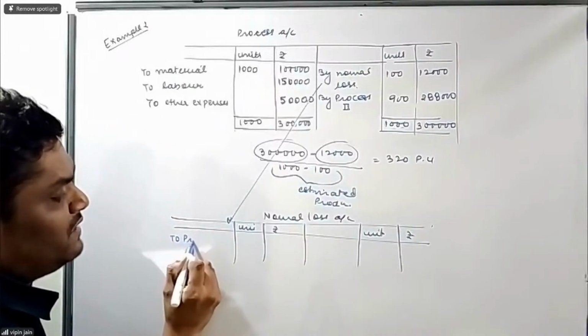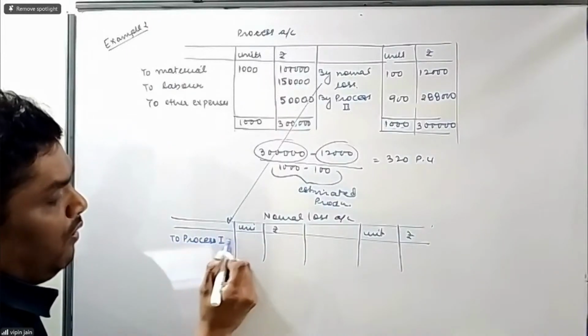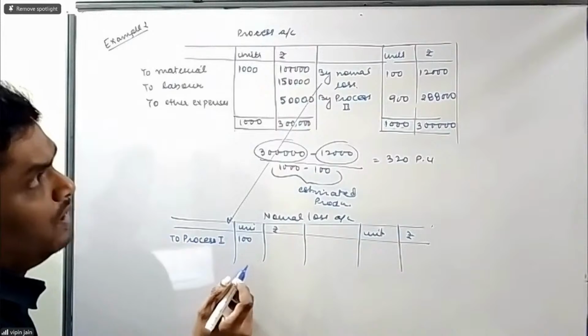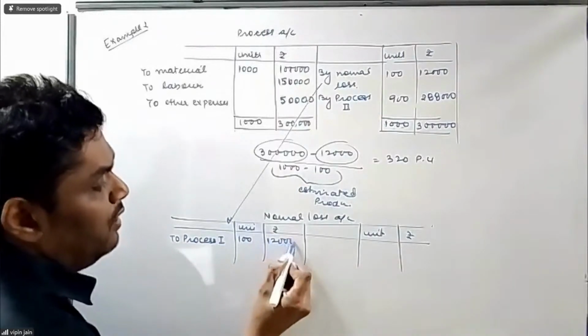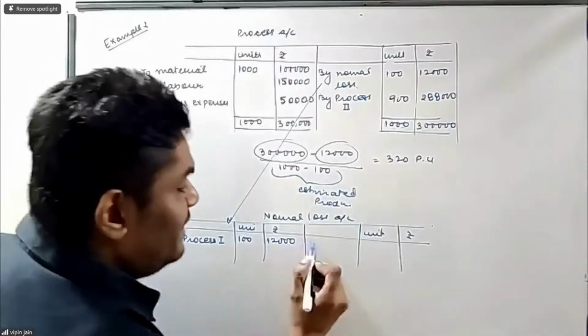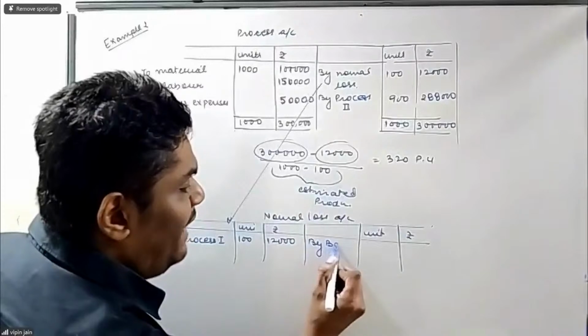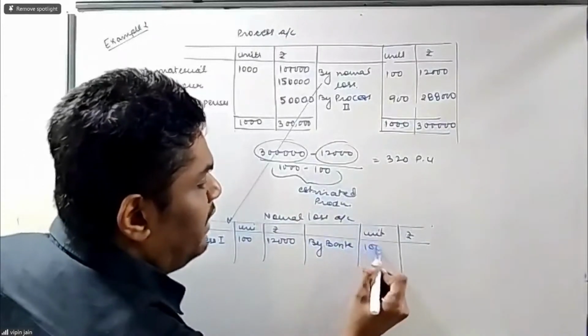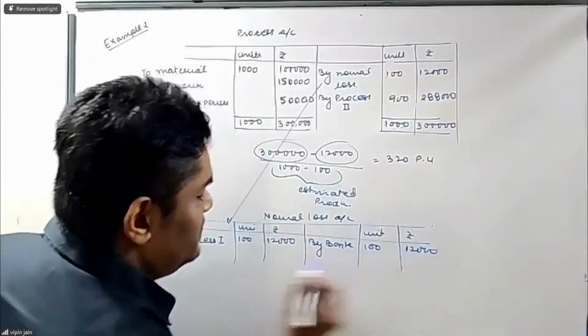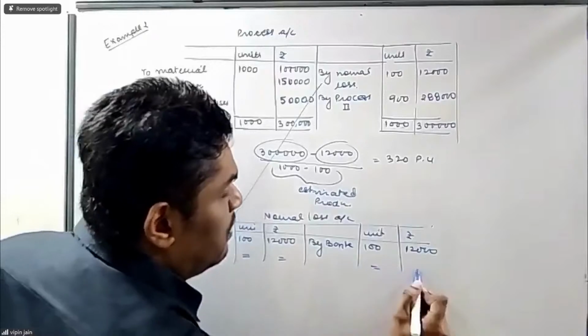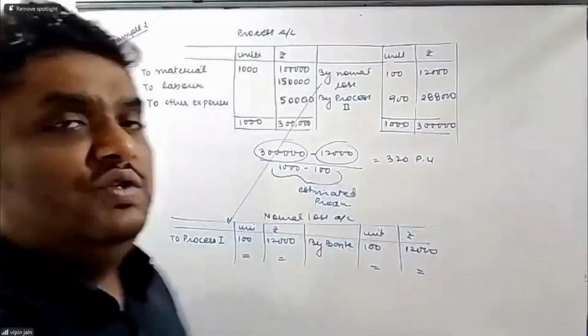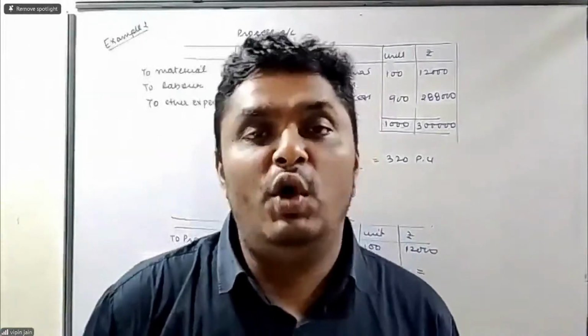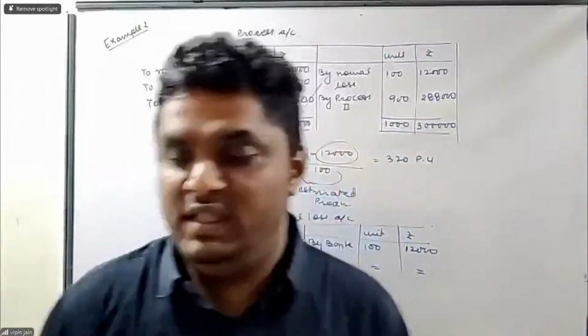To process first, 100 units were sold at 12,000. So this much is my normal loss and they are sold in the market. So by bank, 100 units were sold and the amount realized is 12,000. So this is how we have to deal with normal loss when the normal loss is given in the question.